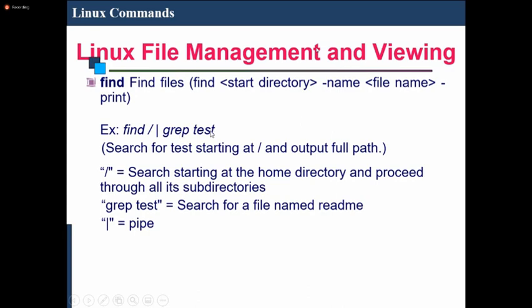So if you don't put this grep test, what will happen is it will show all the output, right? When it is going through all the subfolders, it will output all the folders. If you put grep like this, it will only output to the screen the relevant parts which are related to this test keyword, right?